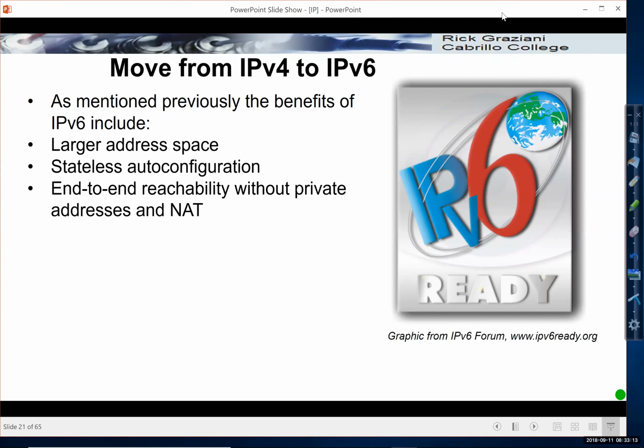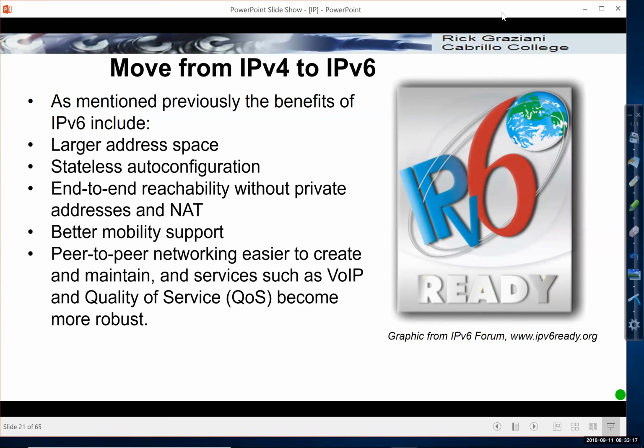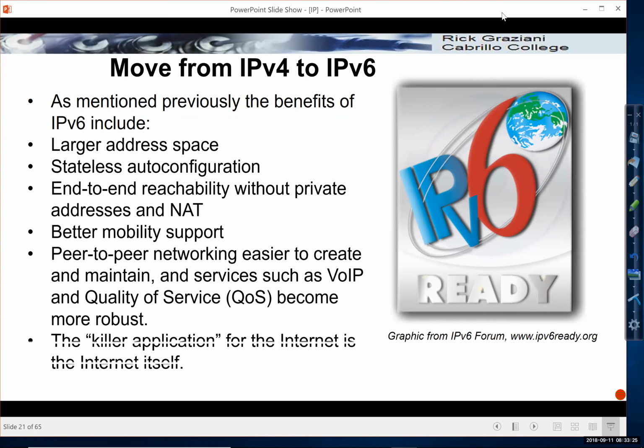We get rid of all the problems NAT creates. Better mobility support. Peer-to-peer networking is easier, also easier VoIP, voice over IP, that is, and quality of service. And really, what is the killer application for the internet? It's the internet itself. To continue moving forward with using the internet, we're going to have to move to IPv6.